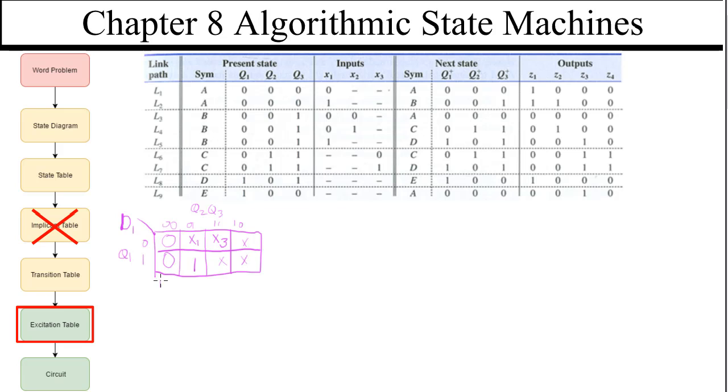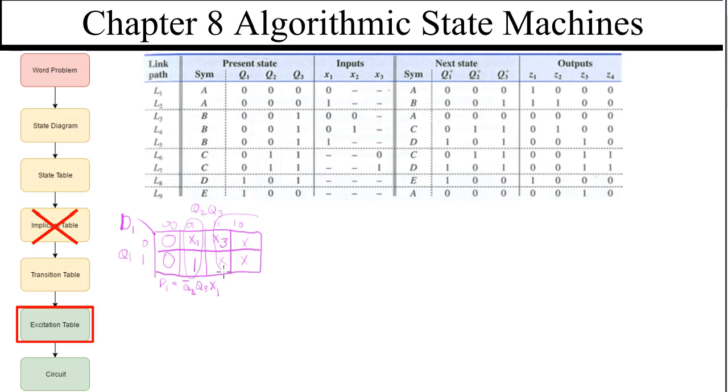So D1 is going to equal, well, let's make this a party right here. So that's going to be Q1 doesn't care. So it's going to be Q2 bar Q3 X1.